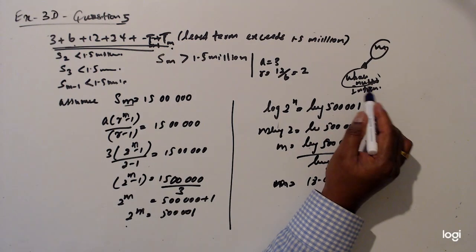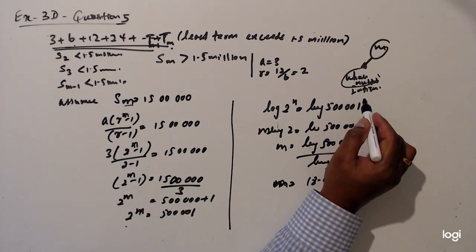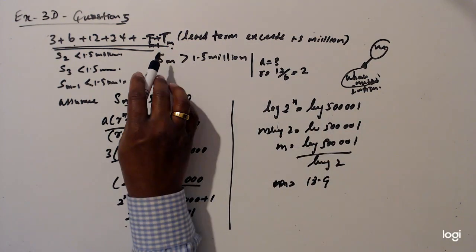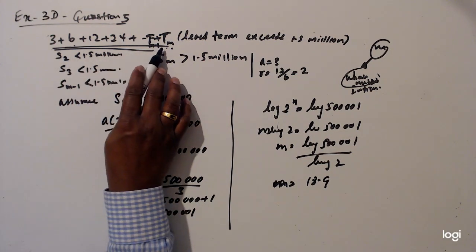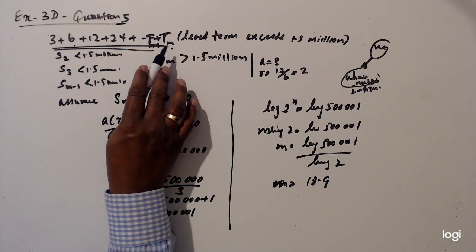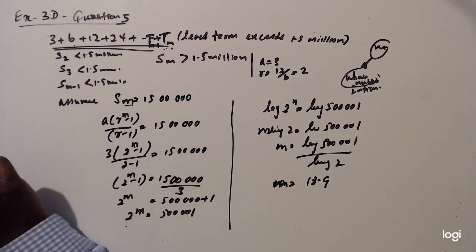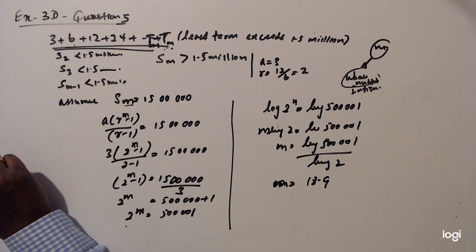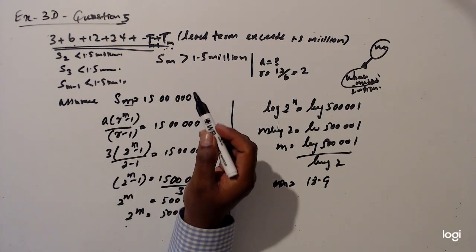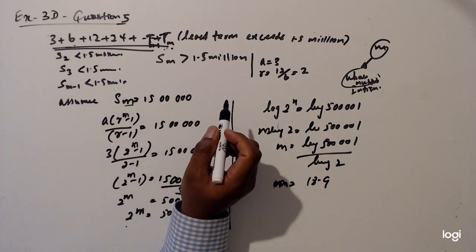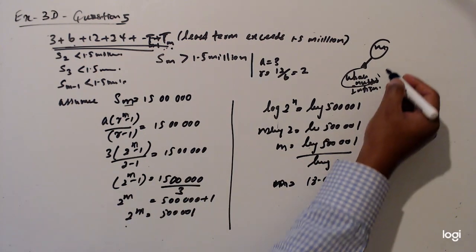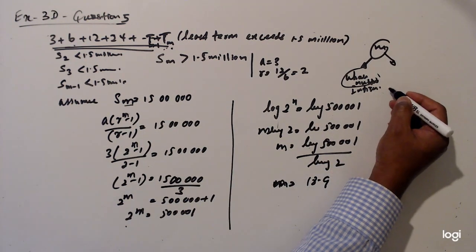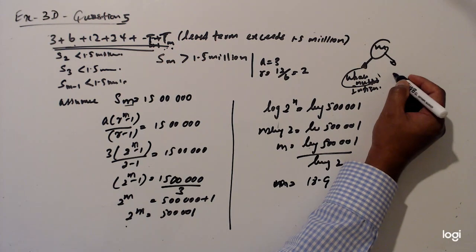Yeah, if this is a whole number, there is a term that exists, and when you add all the terms, then that is equal to 1.5 million. If this is a whole number, then there is a number that will give 1.5 million. But now this is a non-integer.